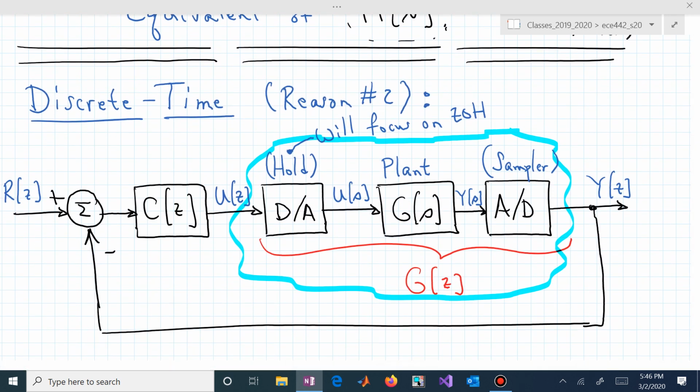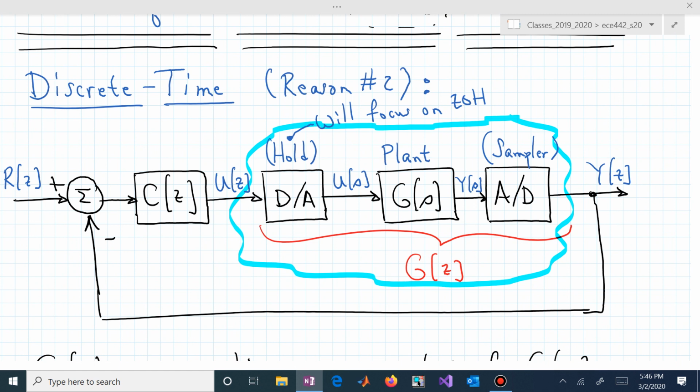Here's the second scenario. Now we're actually doing everything in the discrete setting. Look at the output. That's now the Z transform of a sequence of numbers. That's capital Y of Z. We actually are using a reference input that's a discrete sequence of numbers, which in the frequency domain is now R of Z. C of Z is now a discrete controller, and we'll learn how to design those in this class.